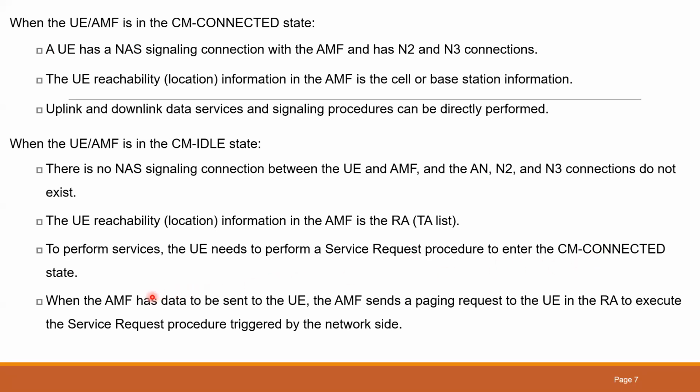When the AMF has data to be sent to the UE, as in 4G, it sends a paging request to the UE in the registration area, in the whole of the TA list, to execute the service request procedure. So in response to your paging request, the UE sends a service request. Based on that, if it is successful, the UE moves into connected state. And once in connected state, if the AMF has any data, it is going to send it to you.